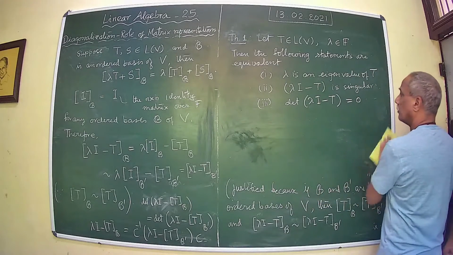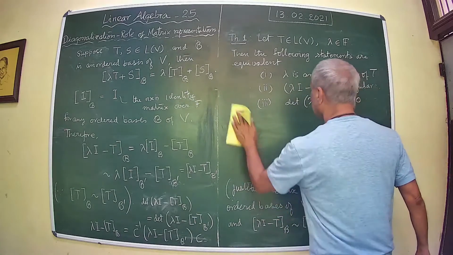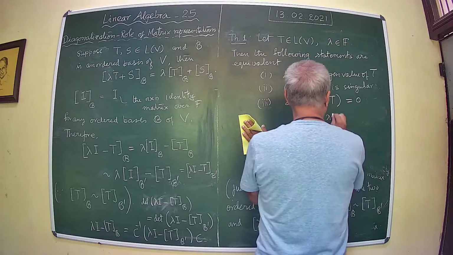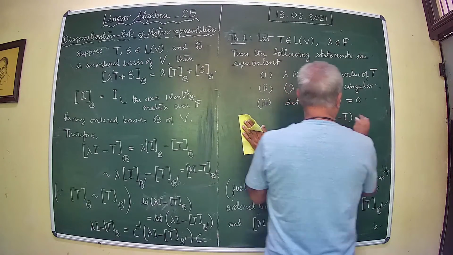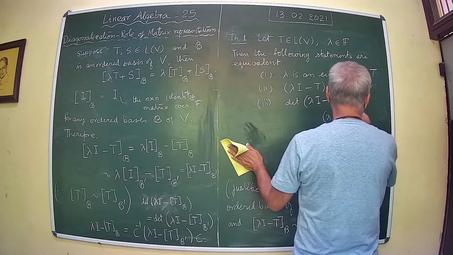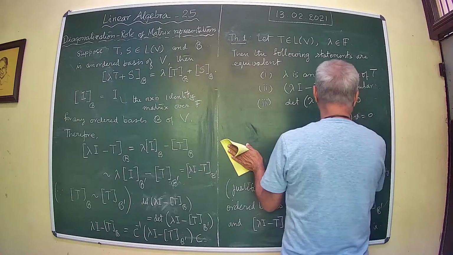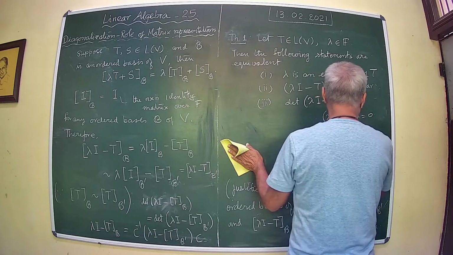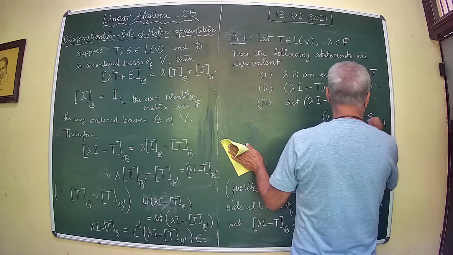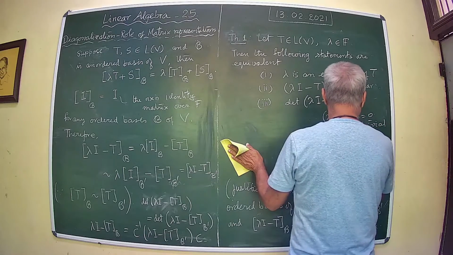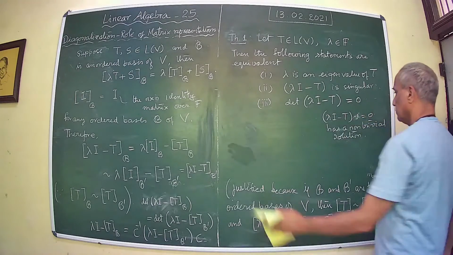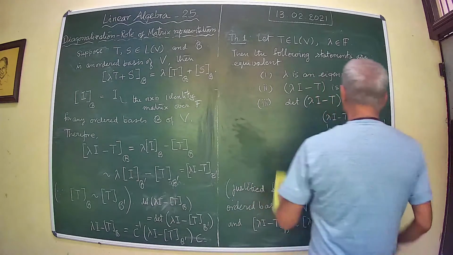Assume that lambda is an eigenvalue of T, which means this equation, that is lambda I minus T of v, has a non-trivial solution. This is what you mean by lambda is an eigenvalue. What does this mean?